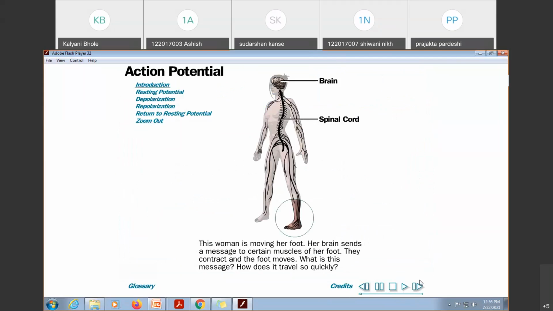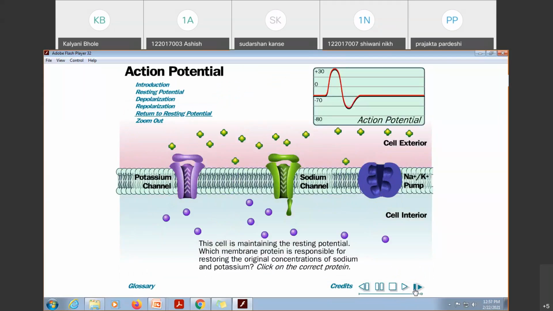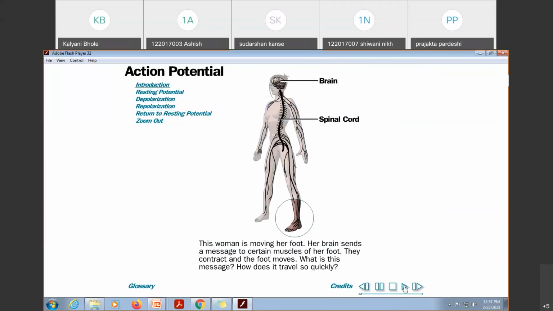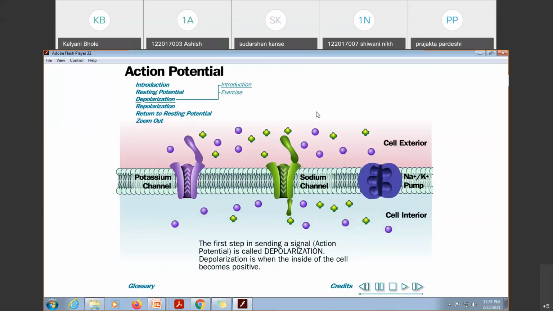It's not running properly. It also shows the conduction across the axon, how it conducts.